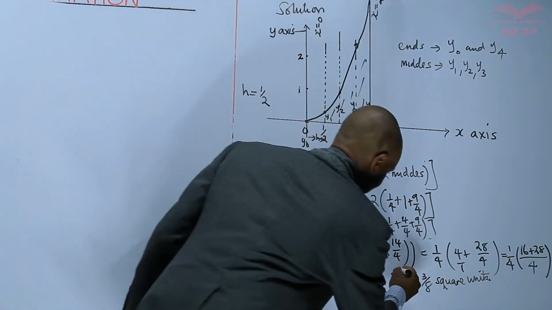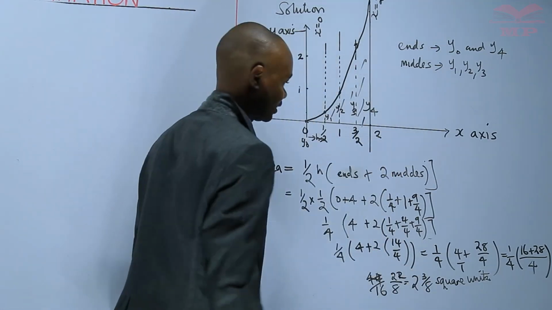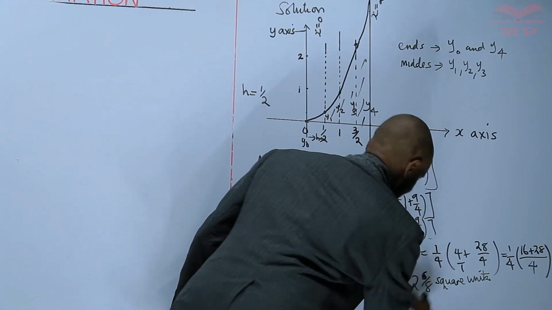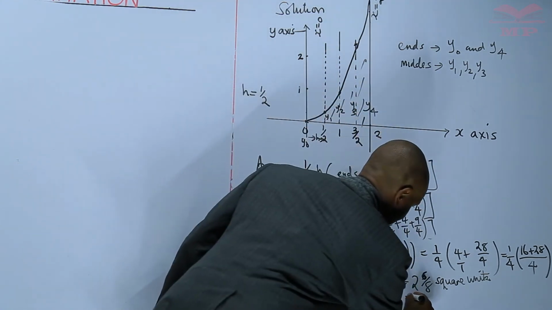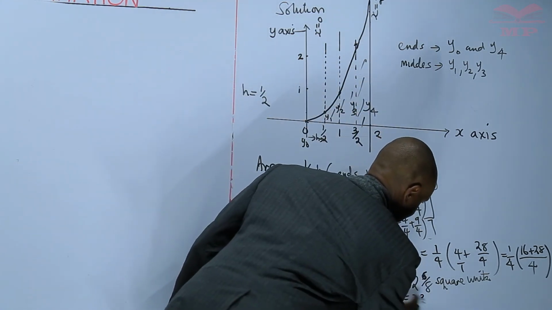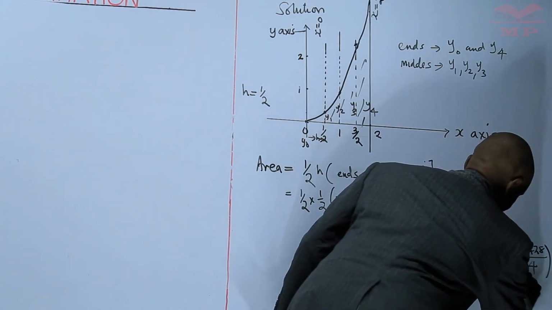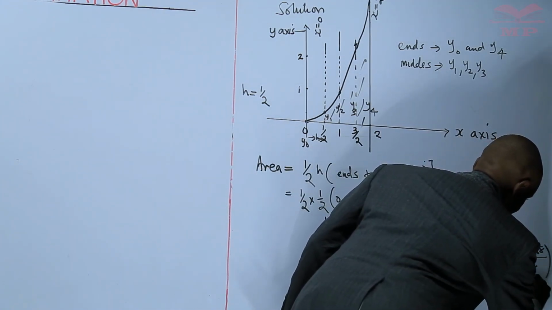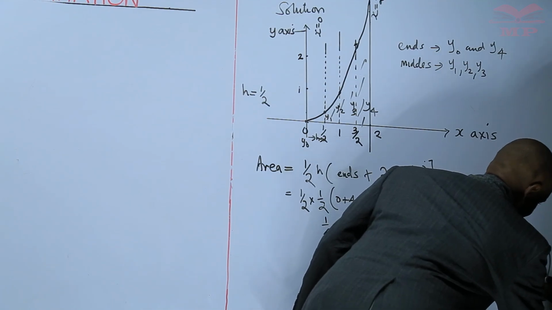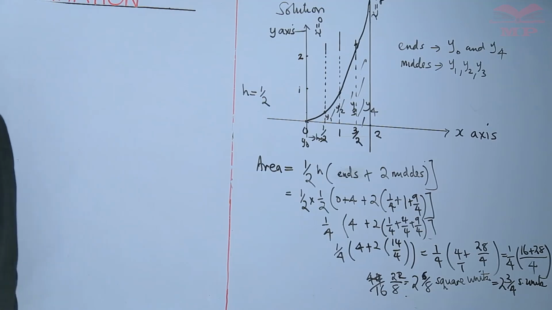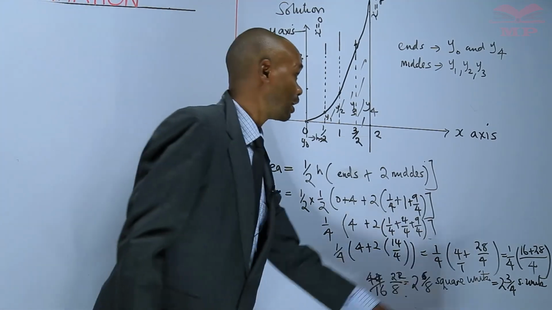So this will give 22. And this will give 6 over 8. Check that. So this will work to 2 and 3 over 4 square units. So it's always good to check your work. It will give 2 and 3/4.